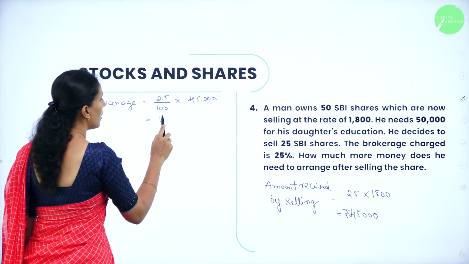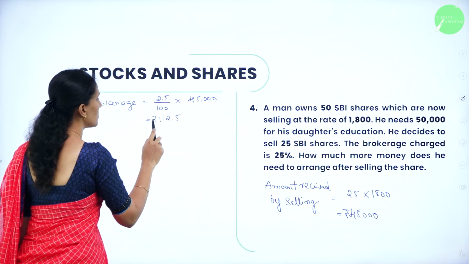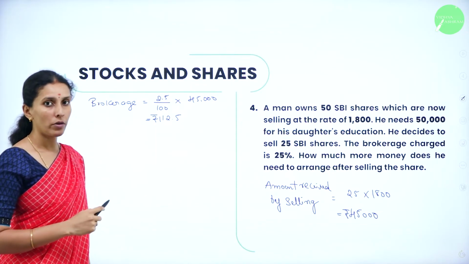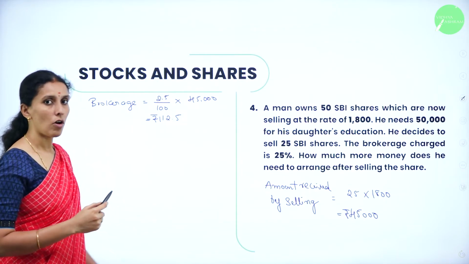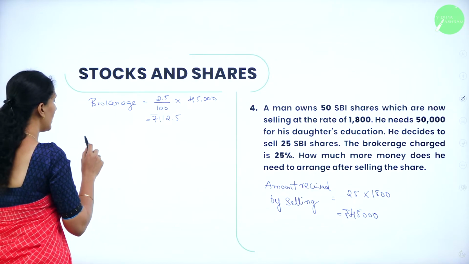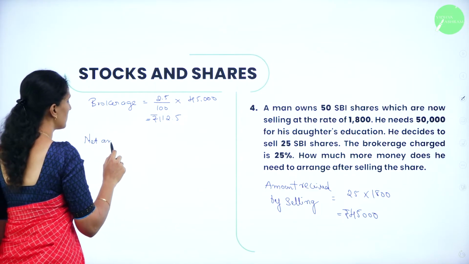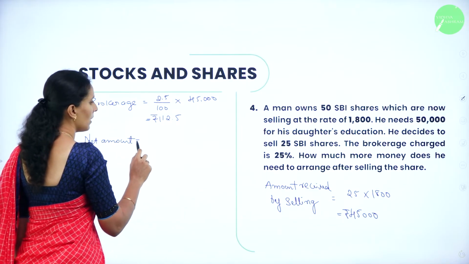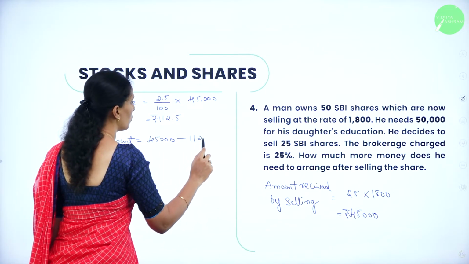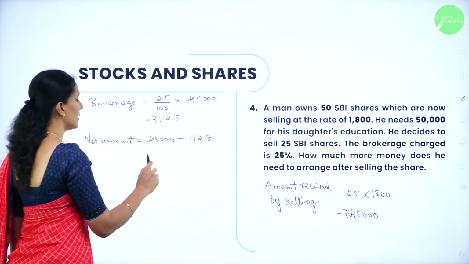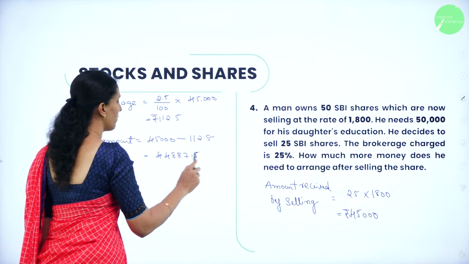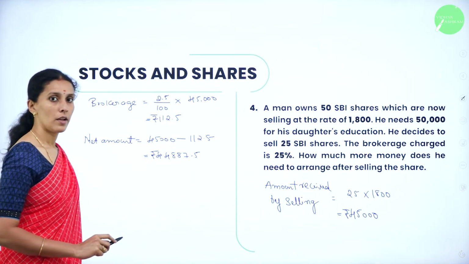That is equal to 1,125 in terms of rupees. So, when you sell a share, the net amount is always the market value minus the brokerage. So, therefore, net amount will be equal to 45,000 minus 1125. So, the value equal to 44,887.5 in terms of rupees.